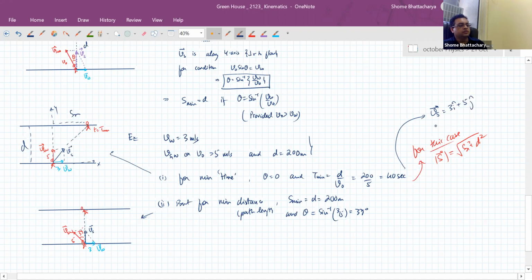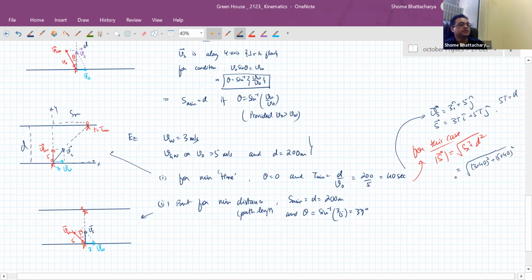So his net displacement will be 3t i cap plus 5t j cap, where 5t is equal to d. So t is equal to that much. So this will be 3 into 40 whole square plus 5 into 40 whole square.